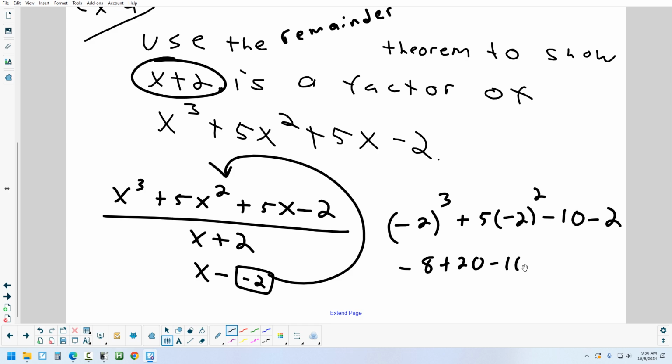What's -8 plus 20? 12. So that gives me 12. What's 12 minus 10? 2. And what's 2 minus 2? 0. There we go. So we got a remainder of 0, which means that goes in evenly, which means it's a factor. So we just showed that x plus 2 is a factor.